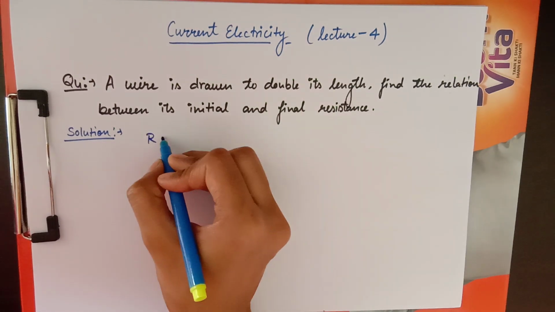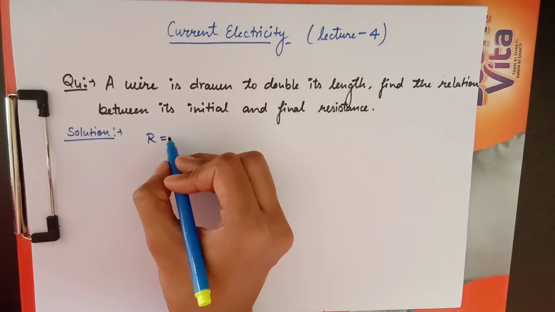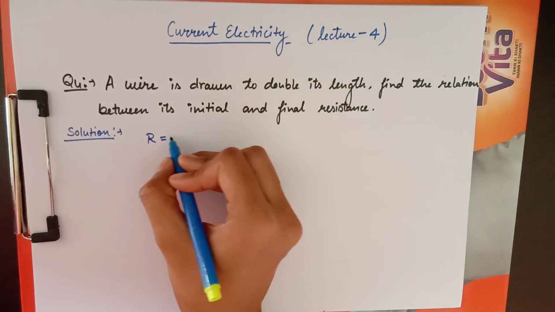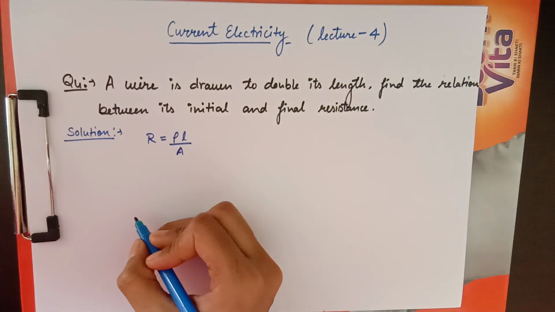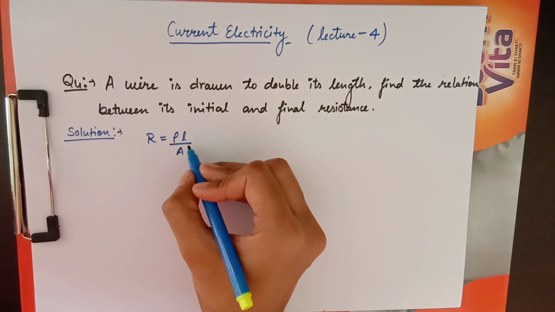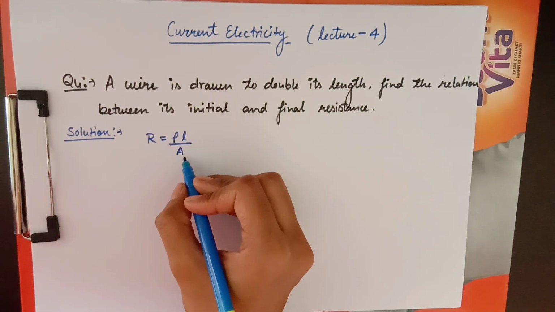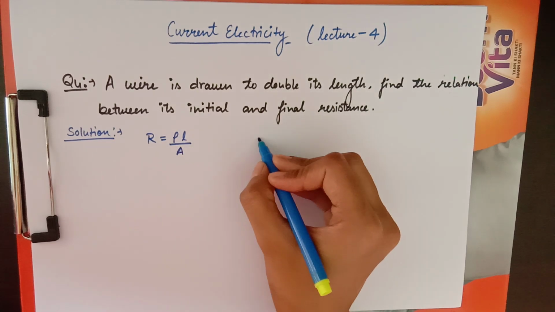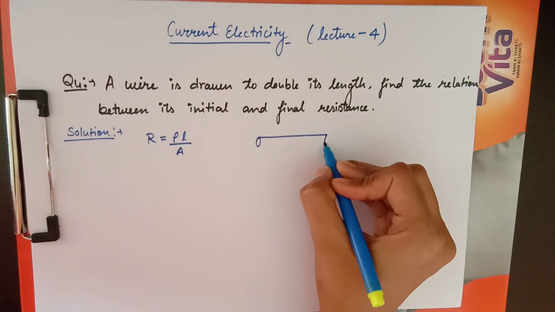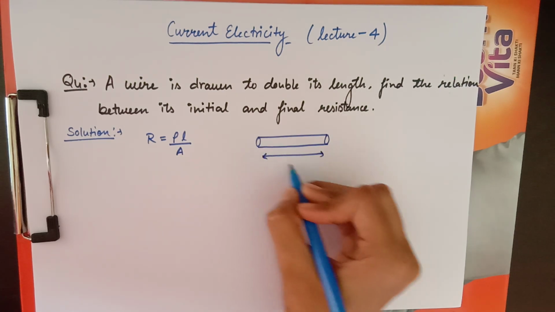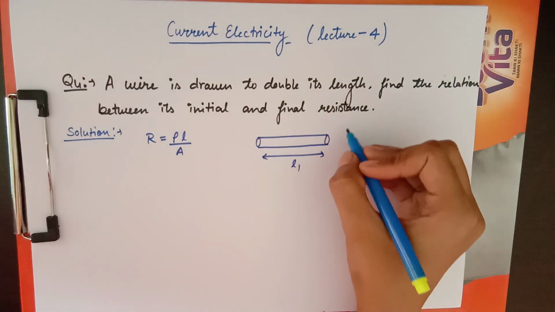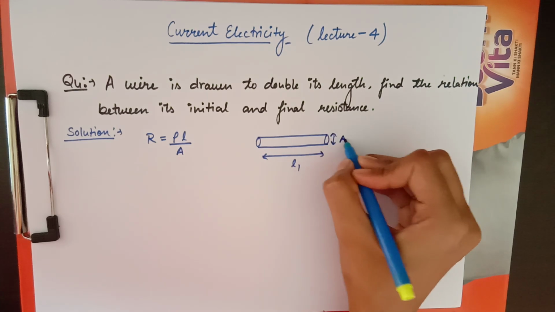We know the relation of resistance with its length is given by R is equal to rho L divided by A, where rho is the resistivity, L is length of the wire, and A is area of cross section. Suppose this is your wire of length L1 and area of cross section is A1.